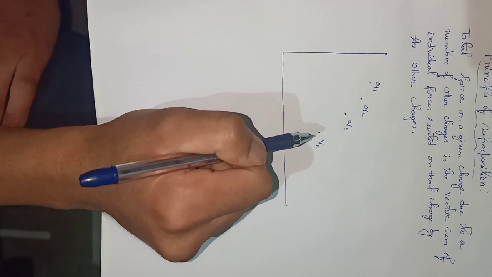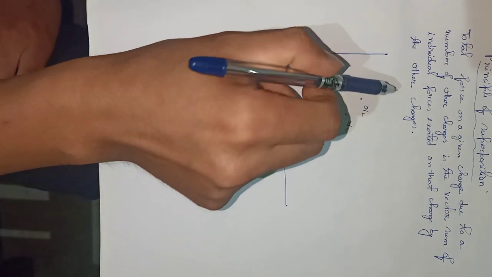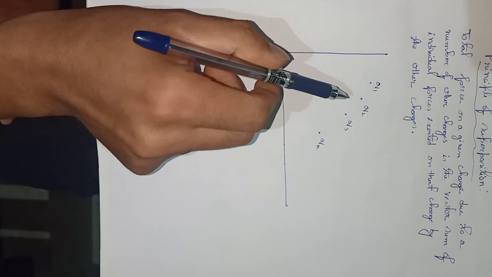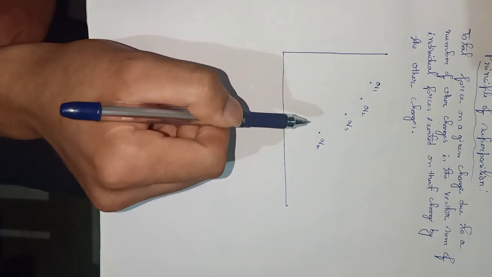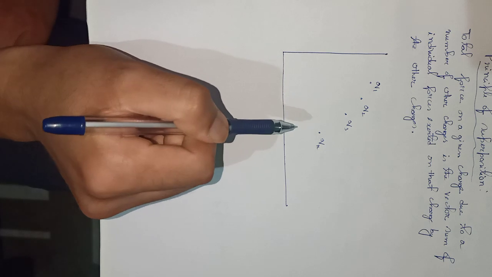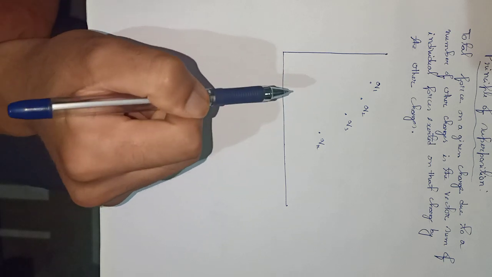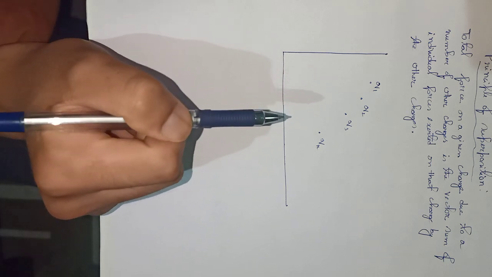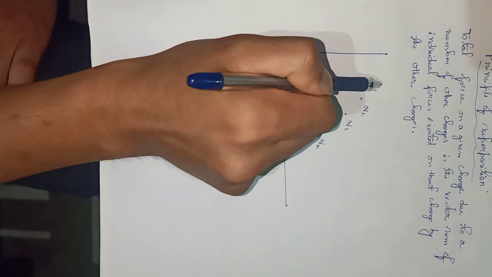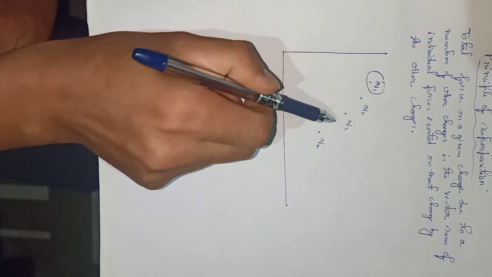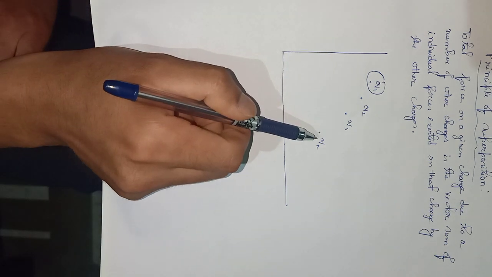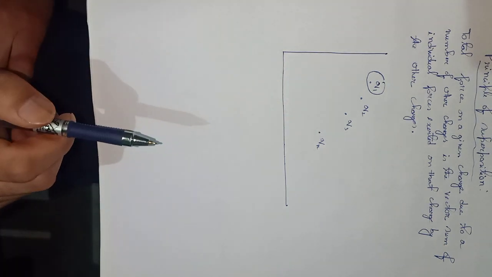Let us suppose that these are some of the charges, Q1, Q2, Q3, and so on up to Qn. So we have multiple charges. Now let us suppose that we have to find out the total force on this Q1 due to all of these charges. So how will we calculate?